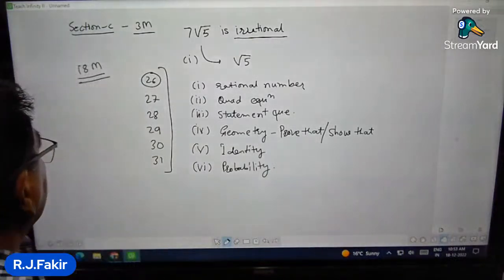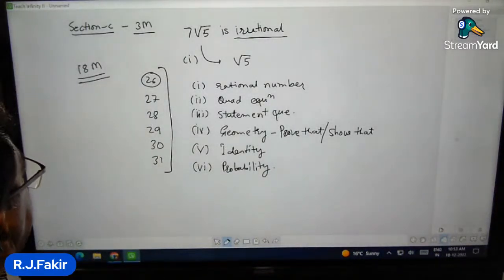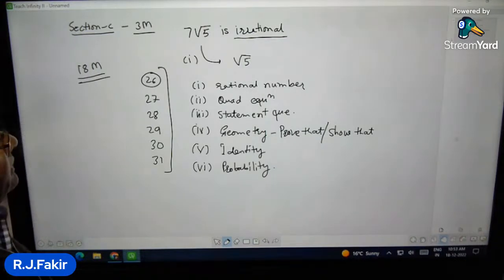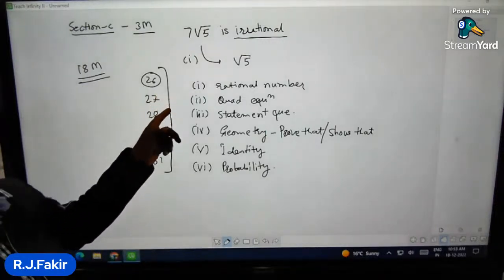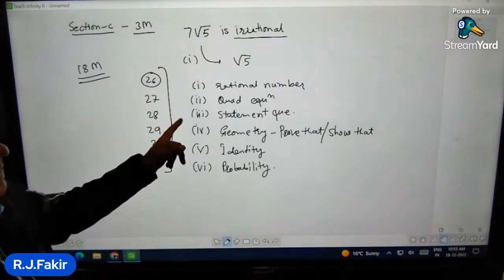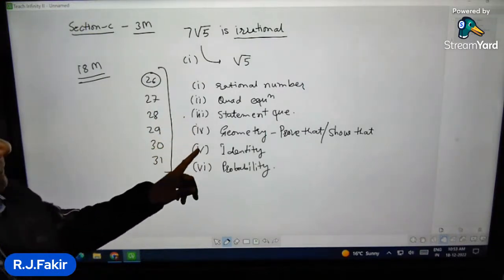Now coming back to the next section, that is our section C. If this is clear to you, you just concentrate on these topics I mentioned here. Rational number, quadratic equations, one statement questions, they can be from any of the topics.